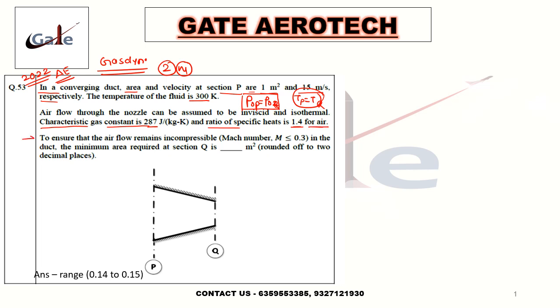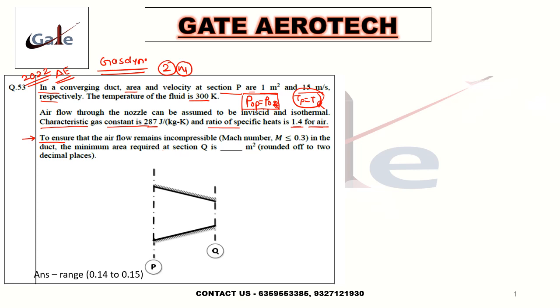Now the condition they have given is to ensure that the airflow remains incompressible in the duct. So the minimum area required at Q is in meter square, rounded up to 2 decimal places.